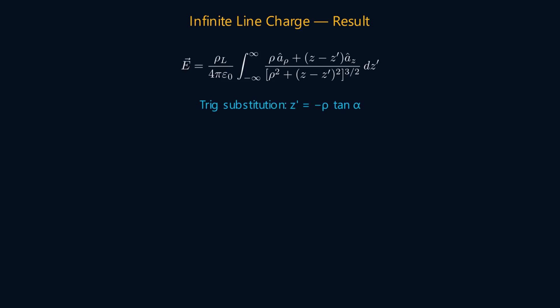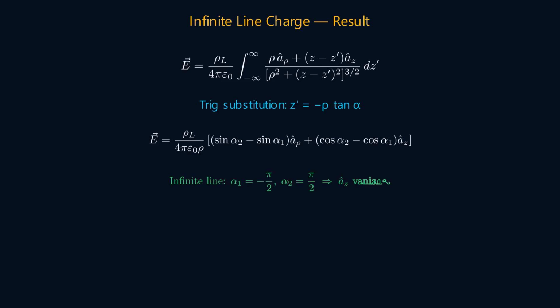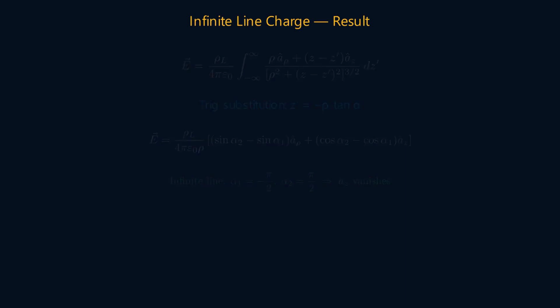Let z' equal minus ρ times tangent alpha. After working through the calculus, substituting, simplifying, and integrating from minus infinity to plus infinity, we arrive at a beautifully simple result. E equals ρL over 2πε0ρ in the aρ direction.